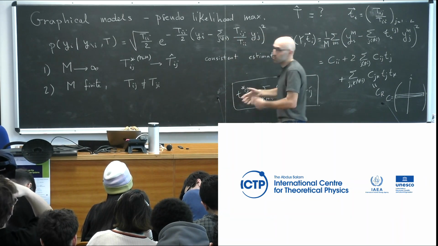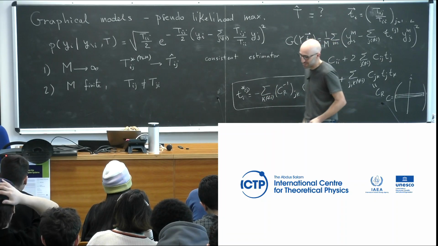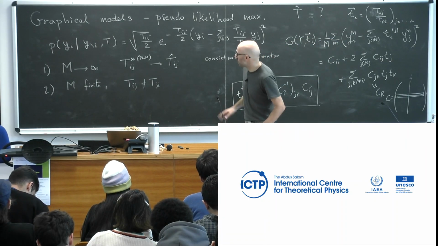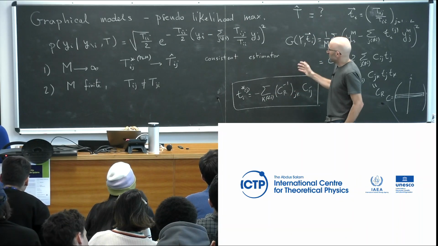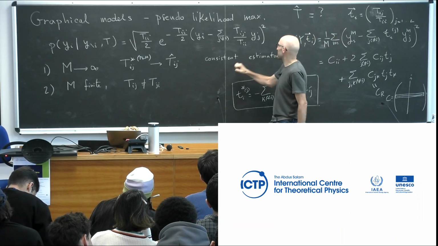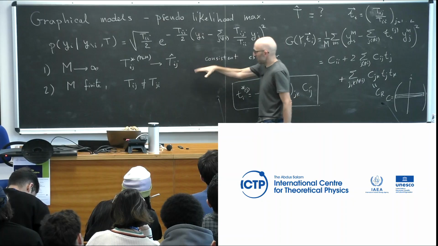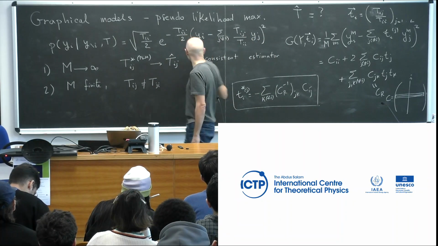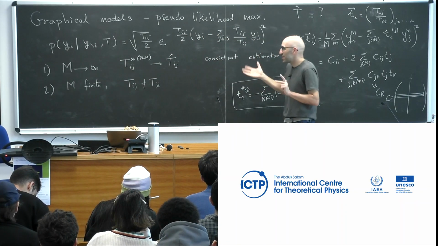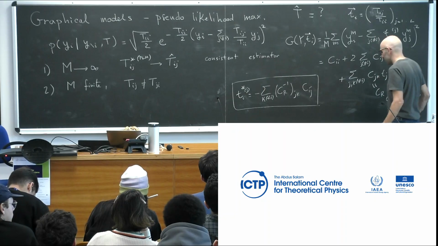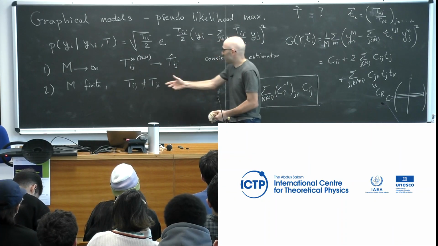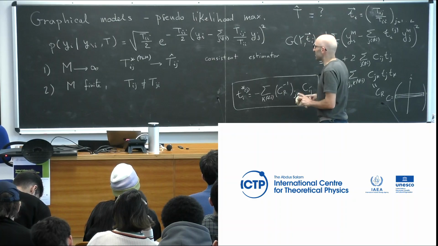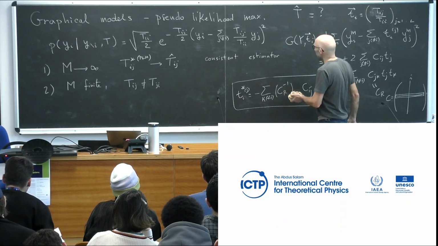Then you have to decide. You could take the average or something like this. So pseudo-likelihood maximization is a good way of doing things, but if you have many data, it will give you the correct result, but if you have few data, you can have trouble interpreting the result because it will give you different matrix elements while they should be the same.